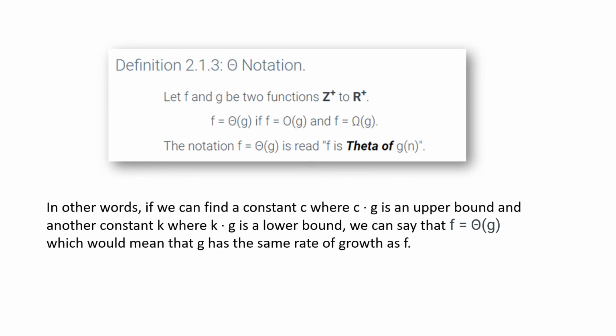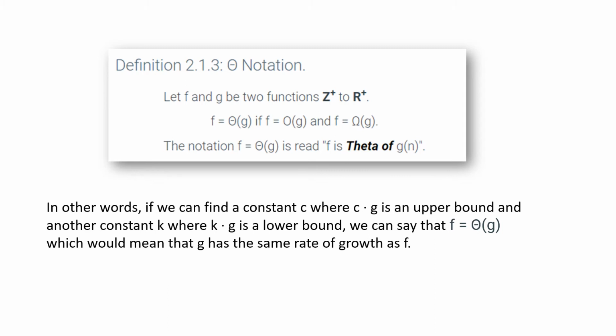Now, let's say this in a few different ways to help it make sense. In other words, if we can find a constant c where c times g is an upper bound, because that's the O notation part of it, and another constant, I'm going to call it k just so we don't get the c's mixed up, where k times g is a lower bound, that's the omega part, then we can say that f is theta of g.